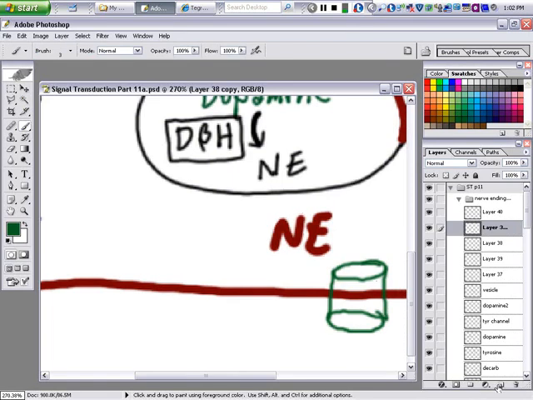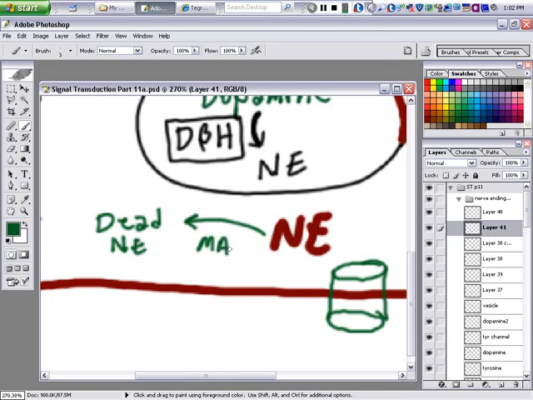It converts the norepinephrine to dead norepinephrine. It destroys it. And that enzyme is called monoamine oxidase, M-A-O. Monoamine oxidase destroys the norepinephrine, so you can't use it anymore.